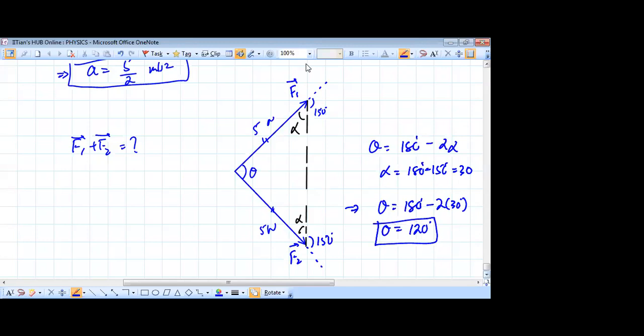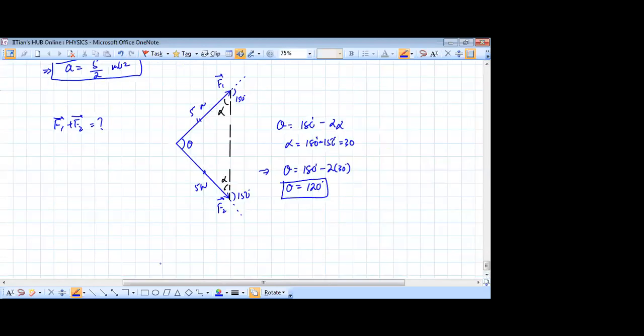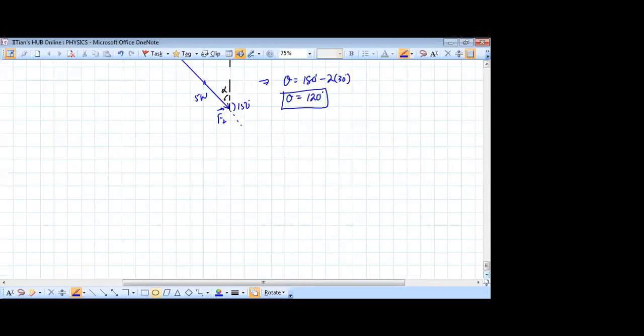Okay, now you can see that if you want to do this geometrically also, you can do the addition of the two forces geometrically. So F1, F2. Okay, so when you complete the parallelogram, it becomes a rhombus. And this angle is 120. This side is equal to this side, equal to 5 newtons each.